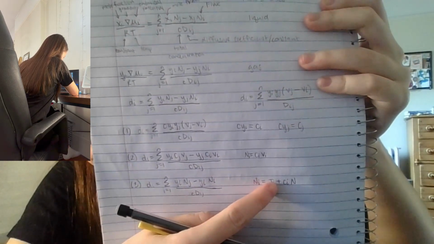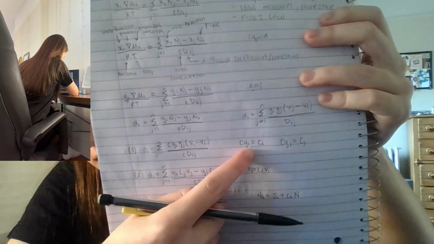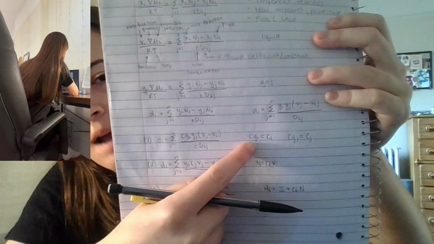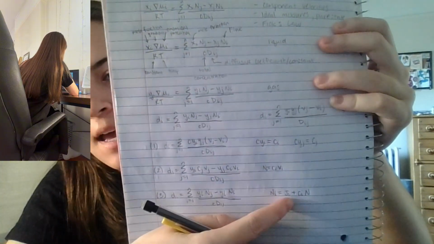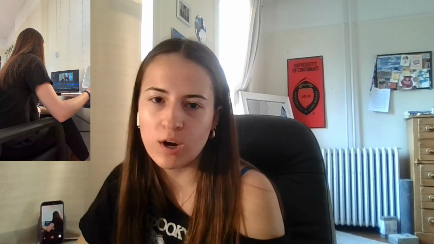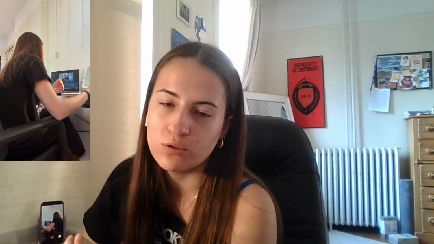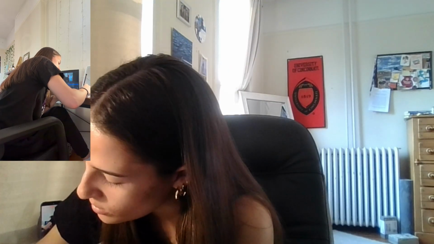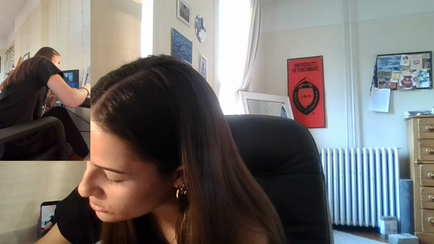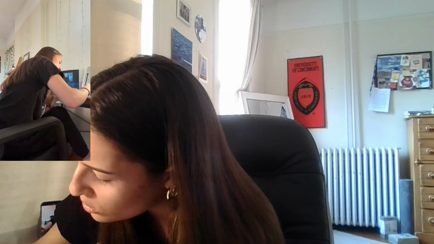And we can recall that the concentration of I is equal to the total concentration times the mole fraction of I. We're going to write it that way because it makes it a lot easier for us to simplify. So Ni equals Ji plus total concentration times mole fraction of I times the total flux.